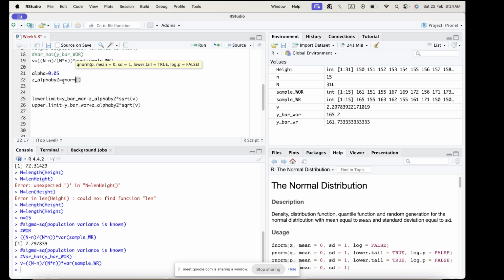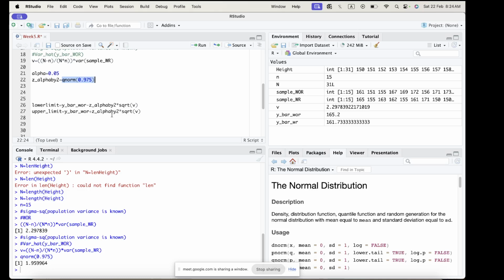So I could write qnorm 0.975, because alpha by 2 is in that case 0.025. That will just serve my purpose. If you give qnorm this, it will come to something close to 1.96.